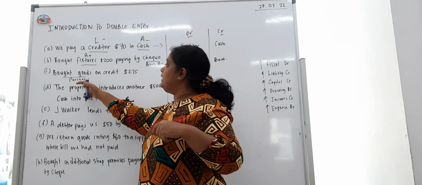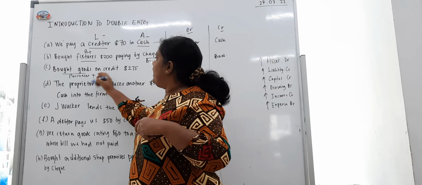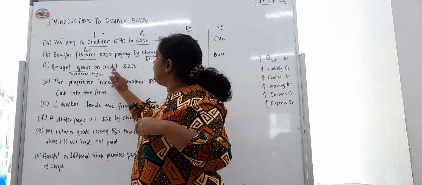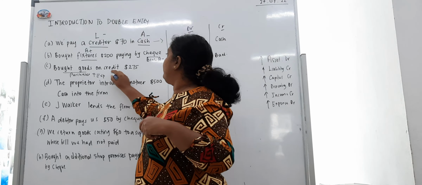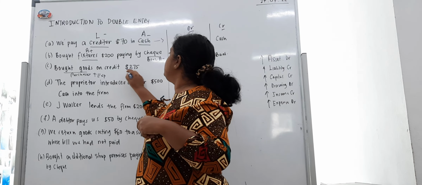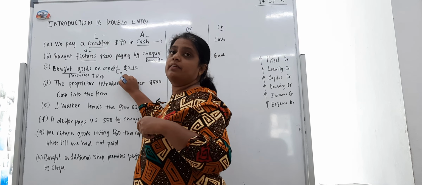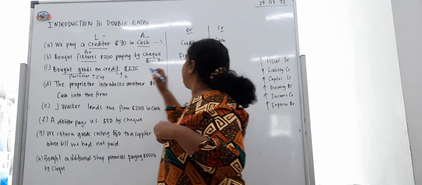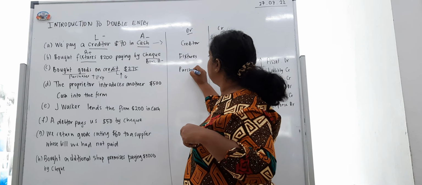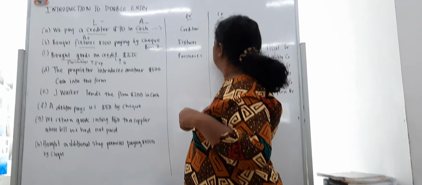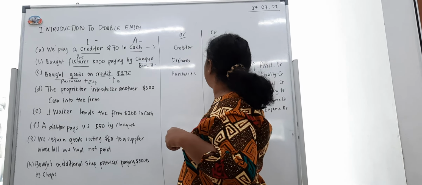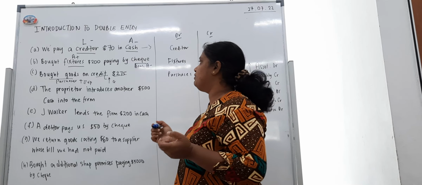So when we are increasing our purchases, expense is increasing. And on credit, that means this is my liability, right? Liability is increasing as well. So debit purchases and credit creditor or supplier, depends on whatever, because he didn't give us a name.